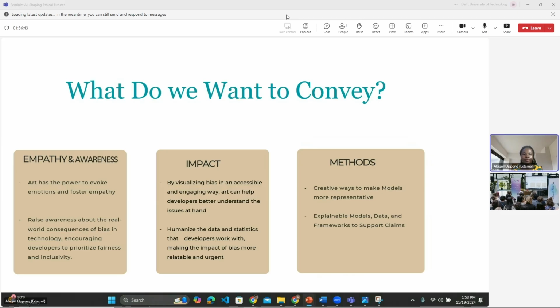Before that, we were elaborating on the importance of arts, on how it has the power to evoke emotions and raise awareness about the consequences of bias in technology, thereby encouraging developers to prioritize fairness and inclusivity as well.